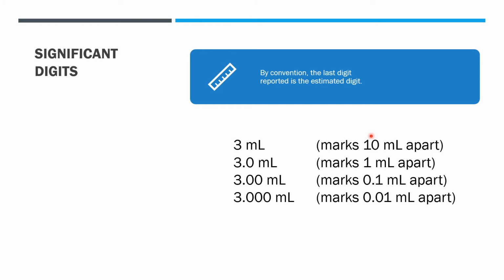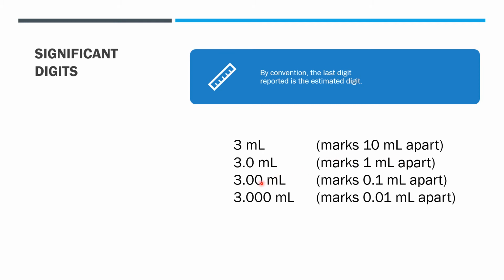So the smallest scale division, the marks, must be 10 times that apart. 10 times 1 milliliter apart is 10 milliliters. How about this one? Give or take a tenth of a milliliter, right? 10 times a tenth is 1 milliliter. That's how far apart the marks must have been on the scale that they read this from.